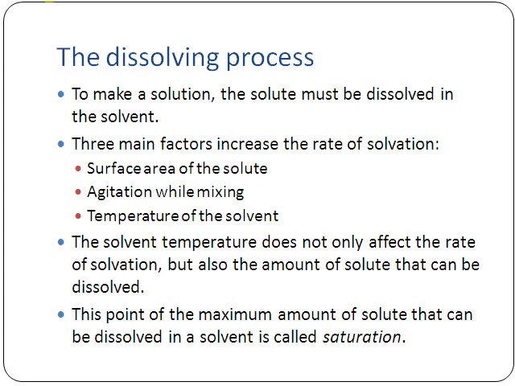The second thing which affects the rate of solvation is agitation. If you want to dissolve sugar into water and you just put the sugar into the water and leave it there, it will dissolve, but it will take a long time. You're best off stirring it.